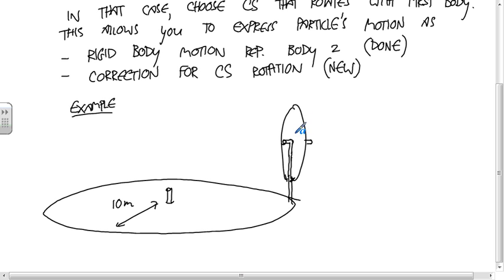And let's say that this disk, just so we can put numbers on this, is 6 meters from the axis of rotation to here. Let's say the radius of the disk is 2 meters. And let's say we want to calculate the acceleration of this point P, given that this is rotating 5 radians per second. This is rotating at 3 radians per second.